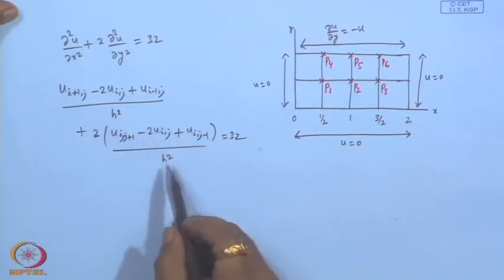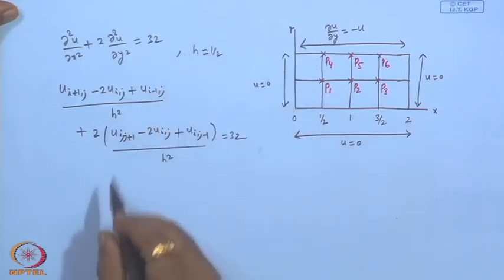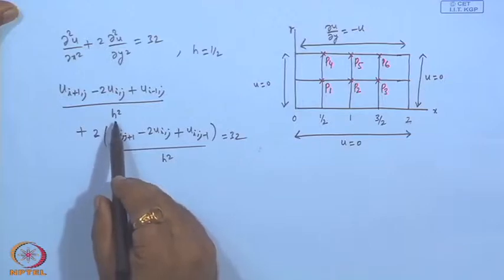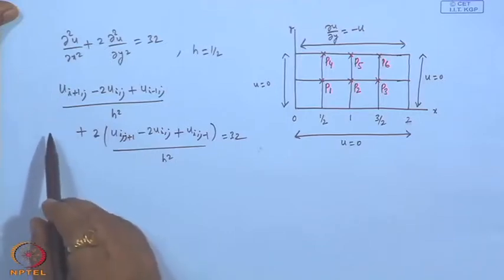In the present case h is half, so h square is in the denominator, and in the numerator we get 4. Okay.